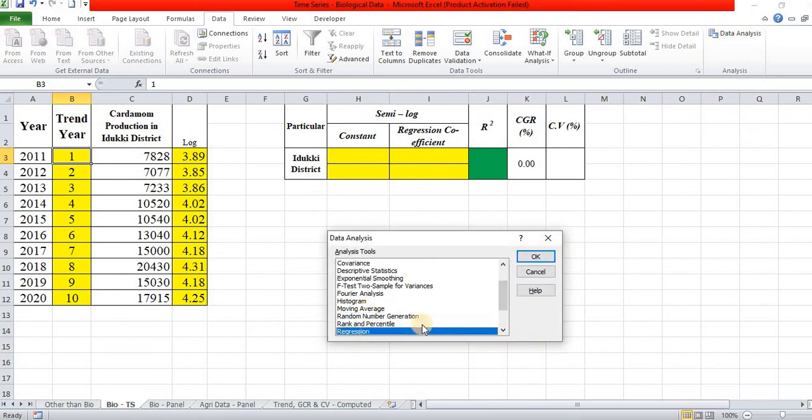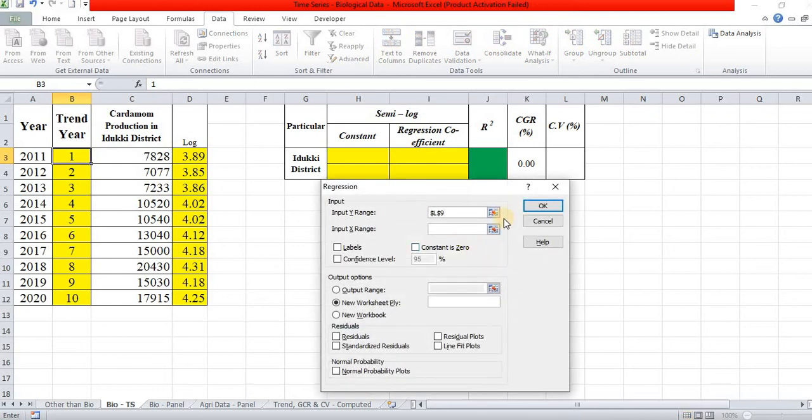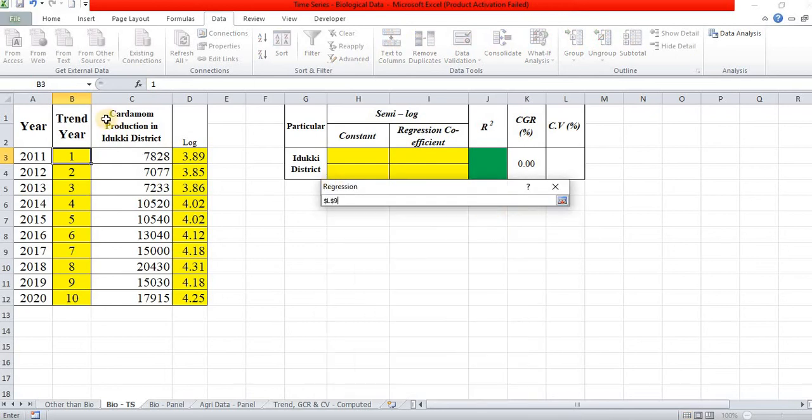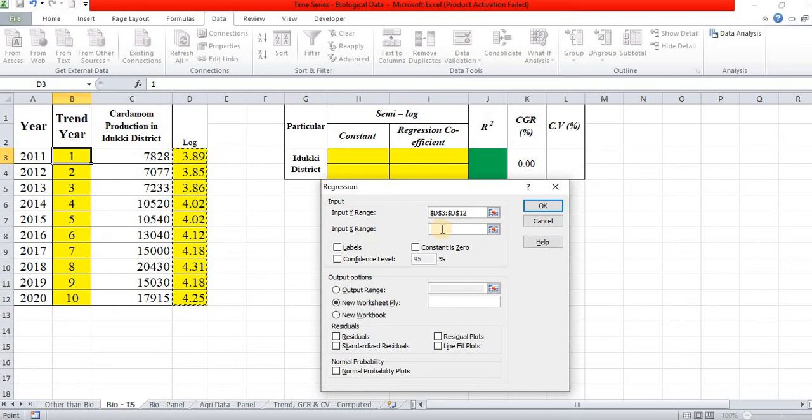Regression: dependent variable is log value, independent variable the year. There is no label. We need only the values. Output range, click. I want the value here.